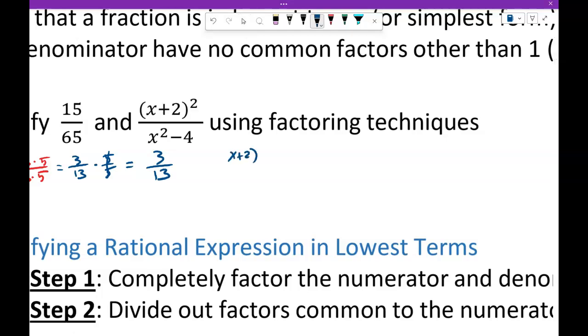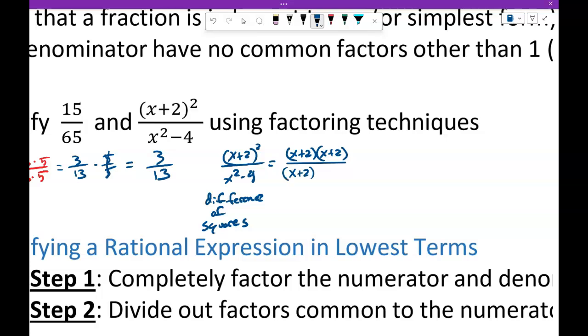If we have (x plus 2) squared over x squared minus 4, well, our numerator is just the binomial x plus 2 twice, while our denominator factors as a difference of squares. Recall that this is a special case factoring, which factors to be the sum and difference of the squares, or the square roots.